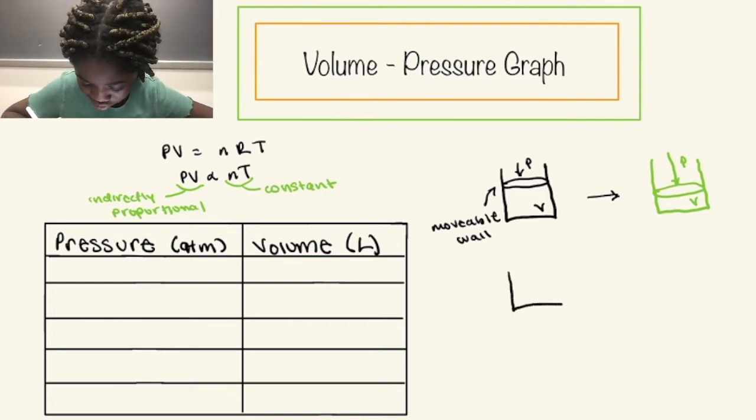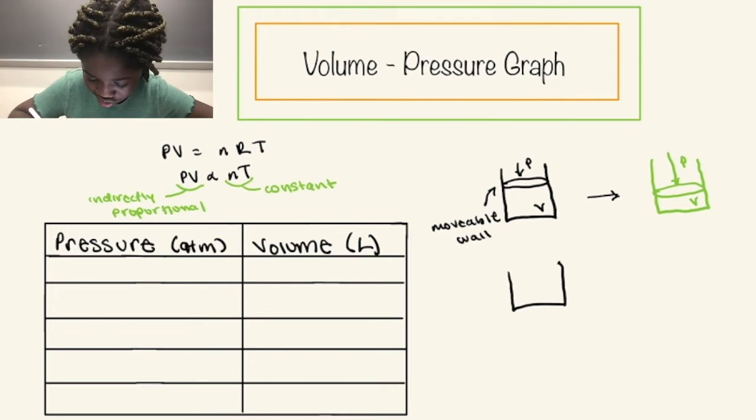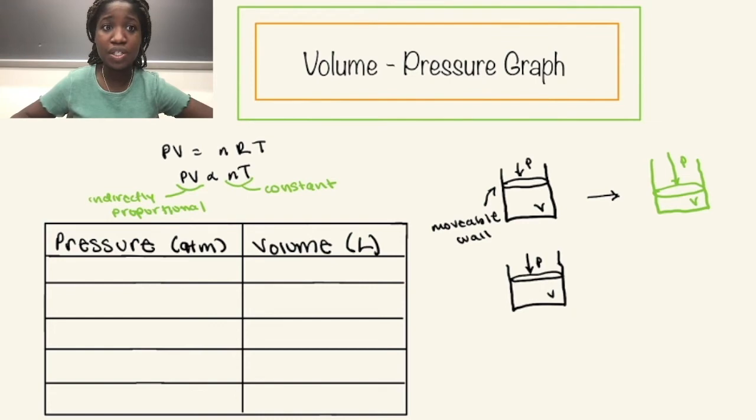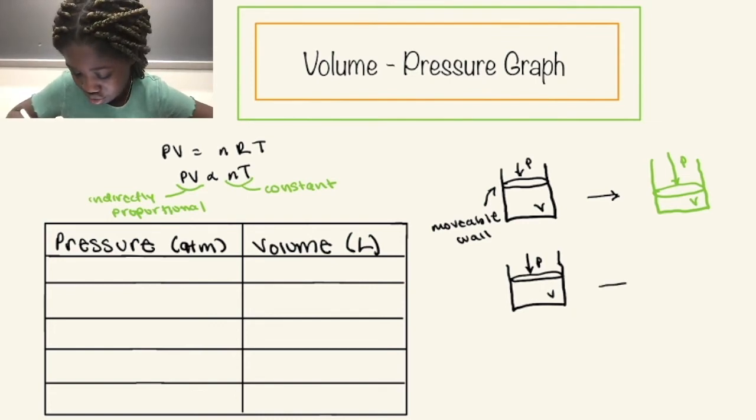Now let's go back to our original state with our chamber of set volume and set pressure. Now let's say we decide to decrease the pressure.